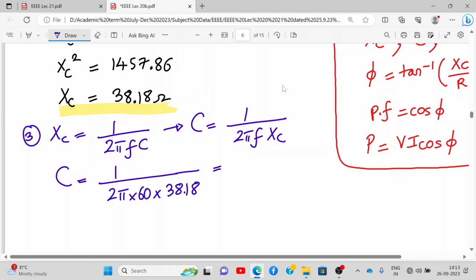Whatever value you get, always calculate in microfarad. Convert into microfarad. Use your calculators. What's the value of C in microfarad?